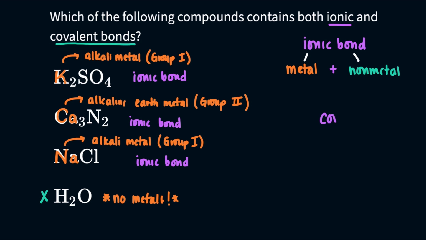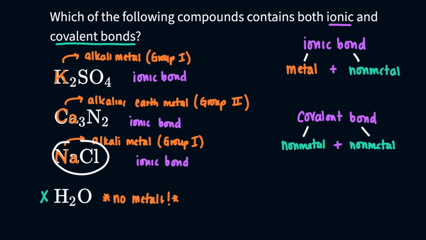If we're talking about covalent bonds, a covalent bond is a strong interaction between a nonmetal and another nonmetal. So I have to have 2 nonmetals interacting with each other. Let's go to sodium chloride, NaCl. The only other element I see is chlorine.